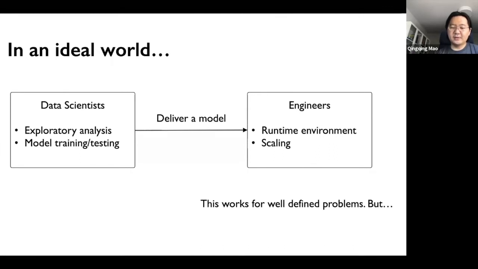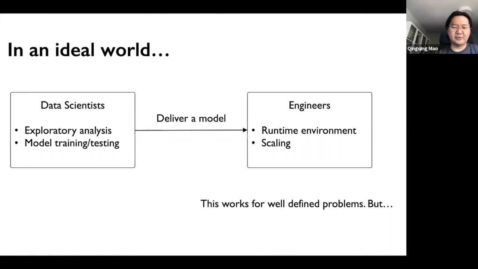So this works well for well-defined machine learning problems. For example, if it's a classifier that takes a given input and then just outputs a yes or no label, that's okay. The data scientists can just do their job and give the model to the engineers, and they don't really need to worry much about scaling and all these things. And they can use the standard tools to train the model, right?